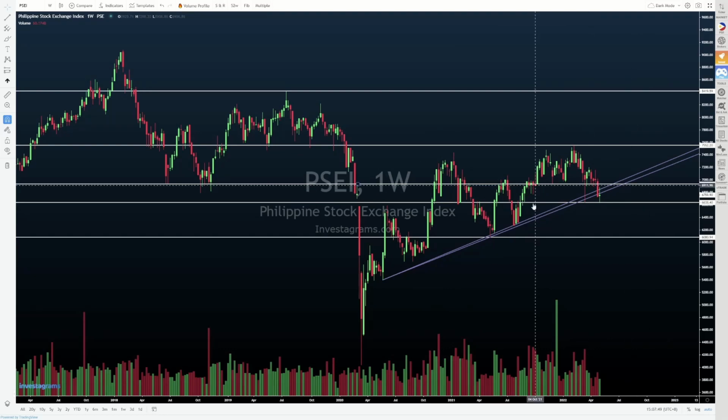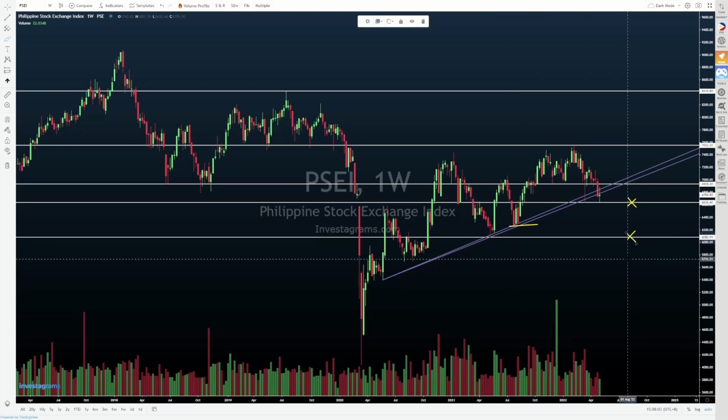Now, from the purely weekly perspective, ang masasabi natin is kung mabasag tong 6638 natin na level, what we're looking at is for price to possibly come back to these lows here or even all the way and tag itong 6,080 na level. Okay? But as always, let's go down to the daily time frame para lang mas pag-aralan natin tong chart na to in greater detail, no?